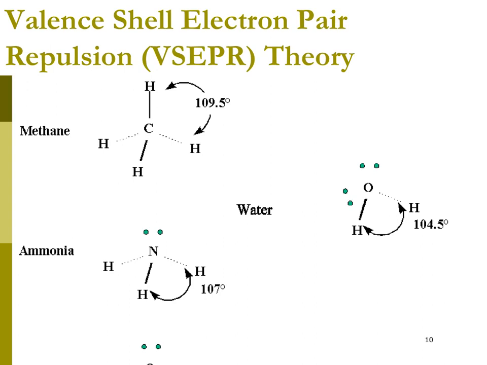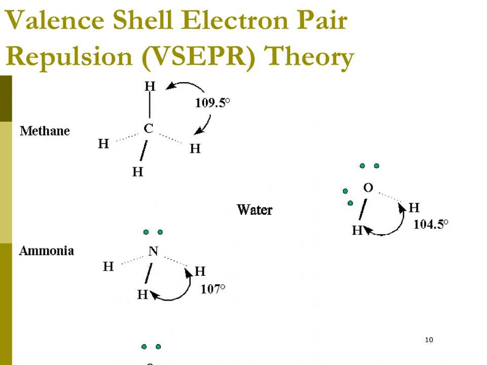Let's look at how that affects the shape. Here I have 3 different examples of molecules that have 4 charge centers. So first, to recap a charge center, that would be any area of electrons around my central atom. So I have in my methane 4 bonds. For my ammonia, I have 3 bonds and a lone pair. And for my water, I have 2 bonds and 2 lone pairs. Now let's look at how the different types of charge centers can change the angle.